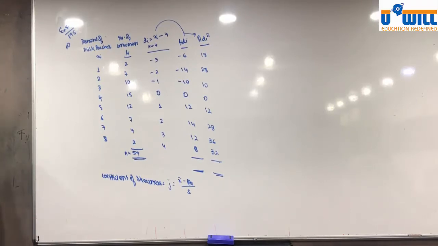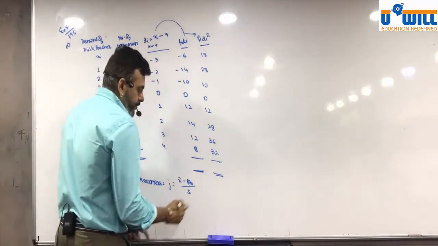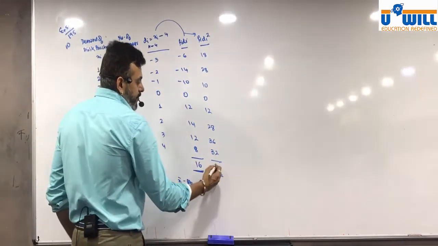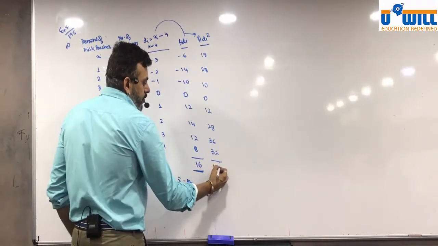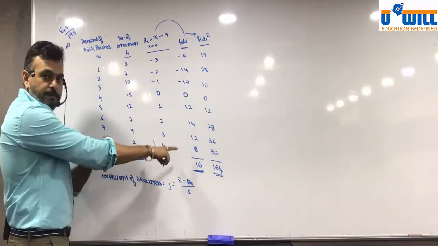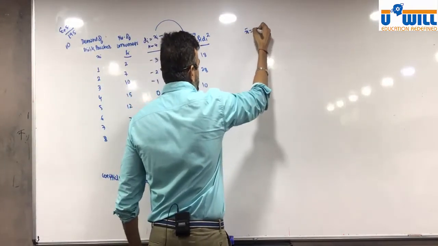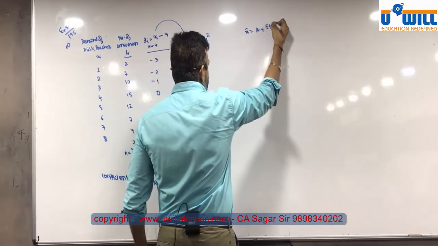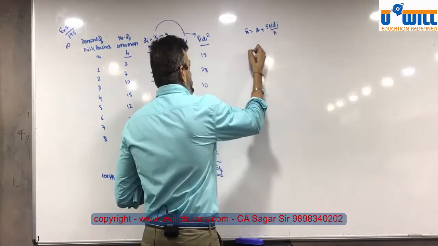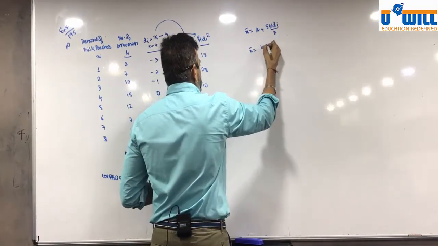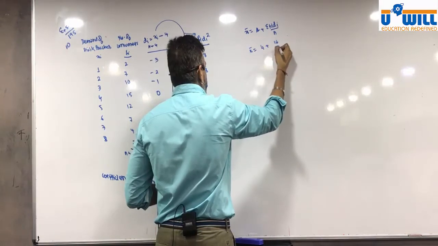What's the total fi di? 16, positive, and fi di square 164. Calculations are correct. Okay, now x bar is equal to a plus sigma fi di upon n. X bar is equal to 4 plus 16 by 59.